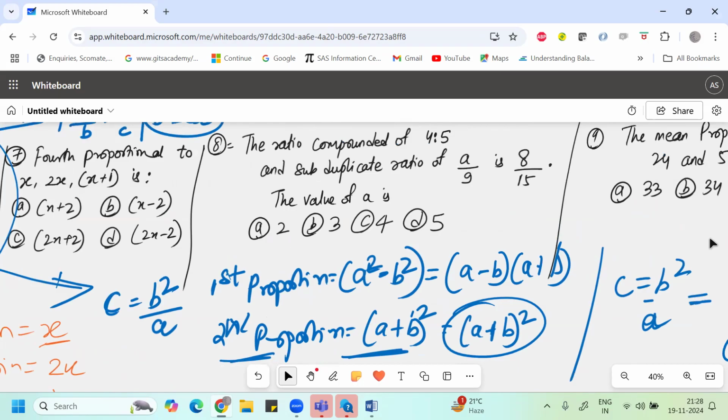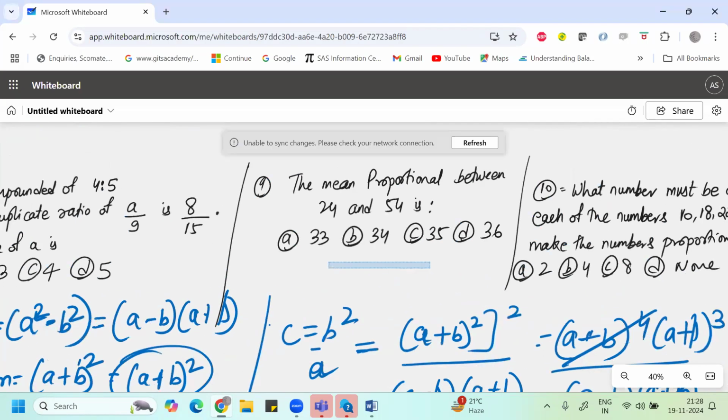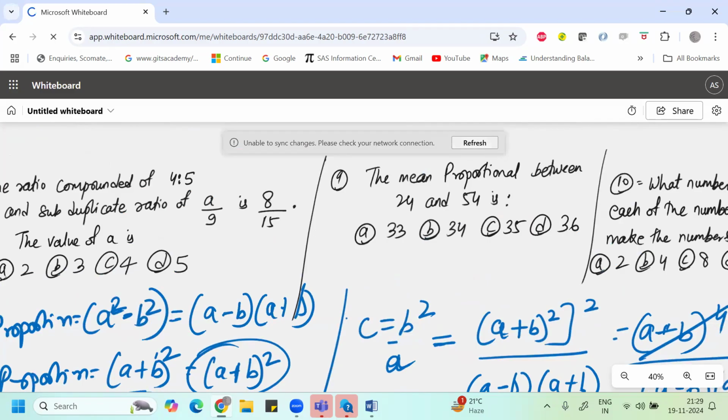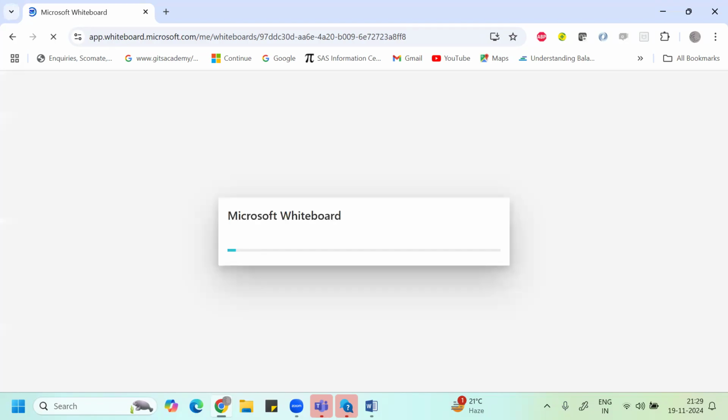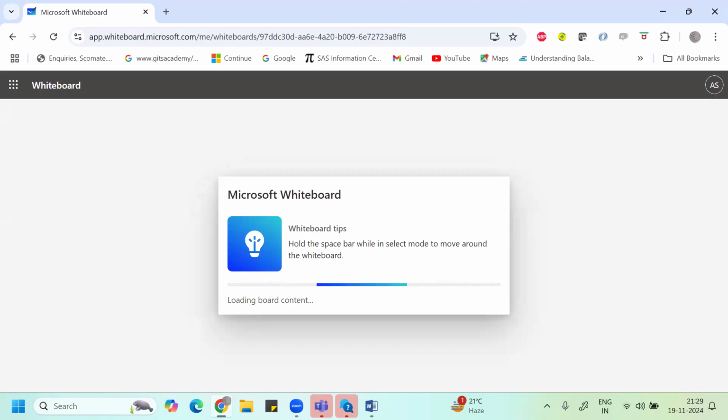If you see this question number 9, imagine you're seeing this question number 9. Just hold for a moment.